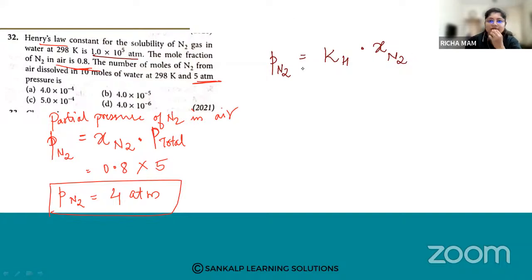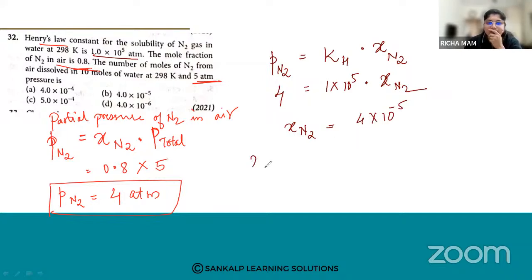According to Henry's law, the Henry's constant is 1 into 10 raised to 5 atmospheric pressure, into the mole fraction of N2. So the mole fraction of N2 is 4 divided by that, so it becomes 4 into 10 raised to minus 5. Now let us find the number of moles.